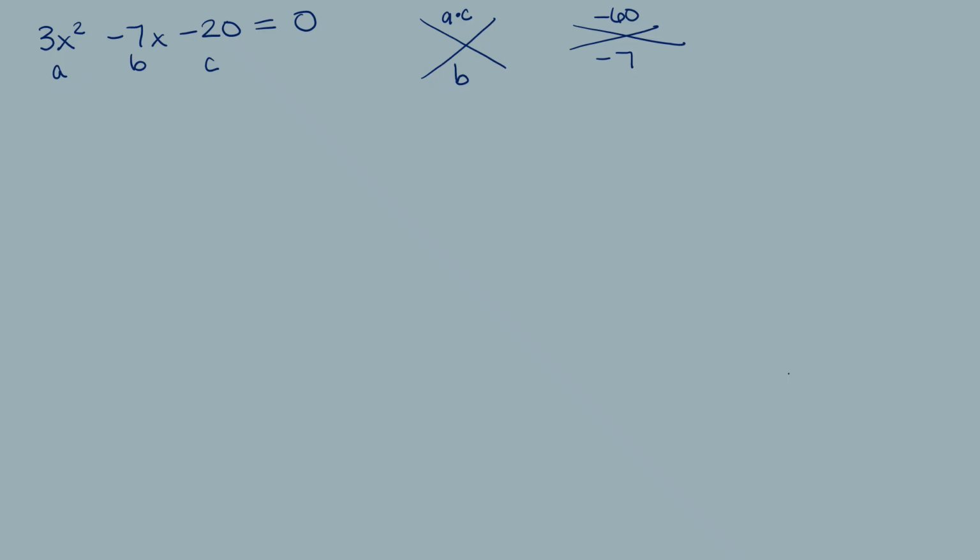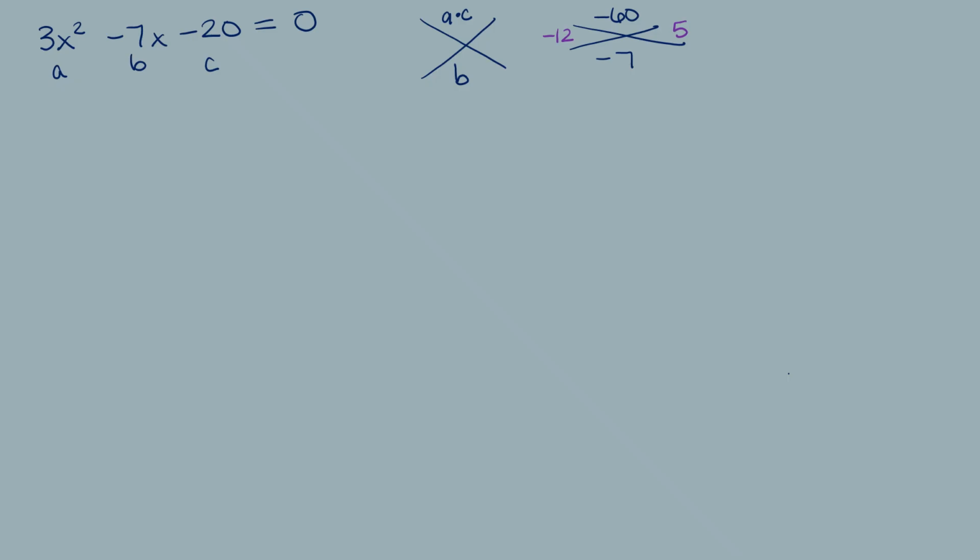The numbers that actually work out for this one are going to be -12 and 5, because 12 times 5 is 60. And we know that's negative, so one of these numbers is negative. And we know that the bottom number stays negative, so the larger value is going to carry that negative sign. The smaller one will be positive.